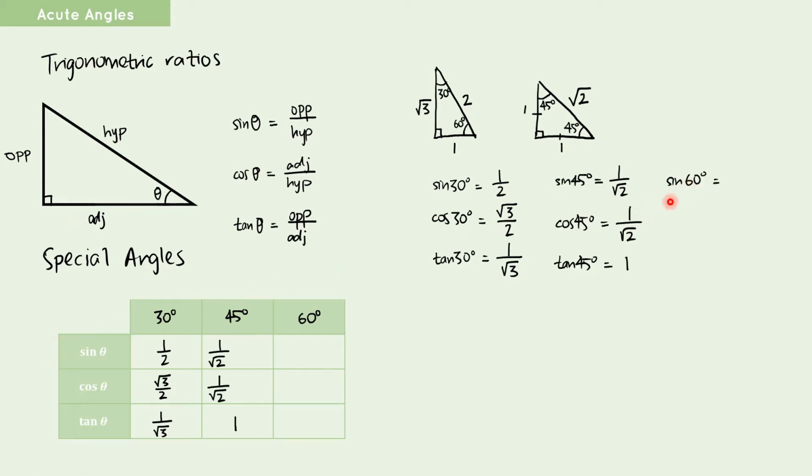If we consider 60 degrees, we can work it out as well. Sine 60 degrees: sine is opposite over hypotenuse, so it's this side over this side, which is square root 3 over 2.